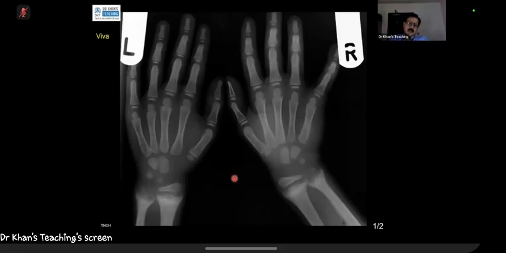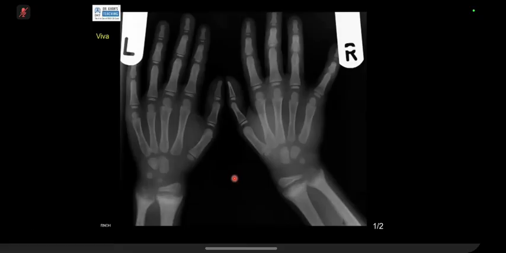Can this be scurvy? No, I don't think so, because I don't see any change in the epiphysis on both the sides. There's no evidence of Wimberger sign.